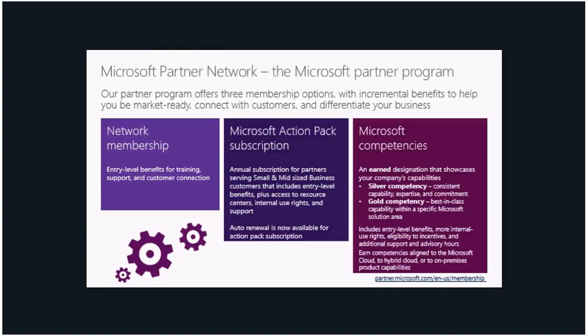And for less than $500 a year, you get a certain number of internal use licenses and access to support. Competencies is an earned designation, and it showcases your capability. There are two levels, silver and gold, and with competencies, in addition to the entry-level benefits, you get additional internal use licenses, eligibility to incentives, and also additional support.